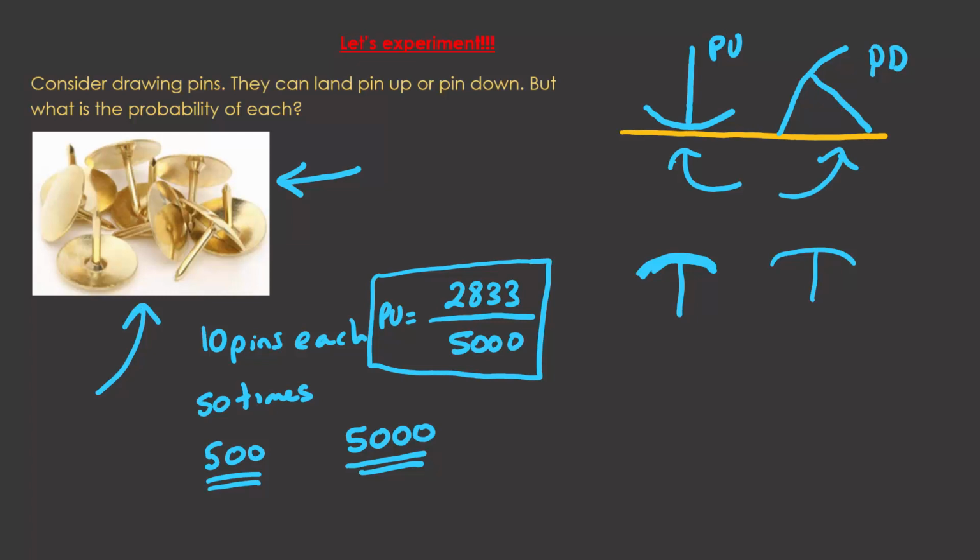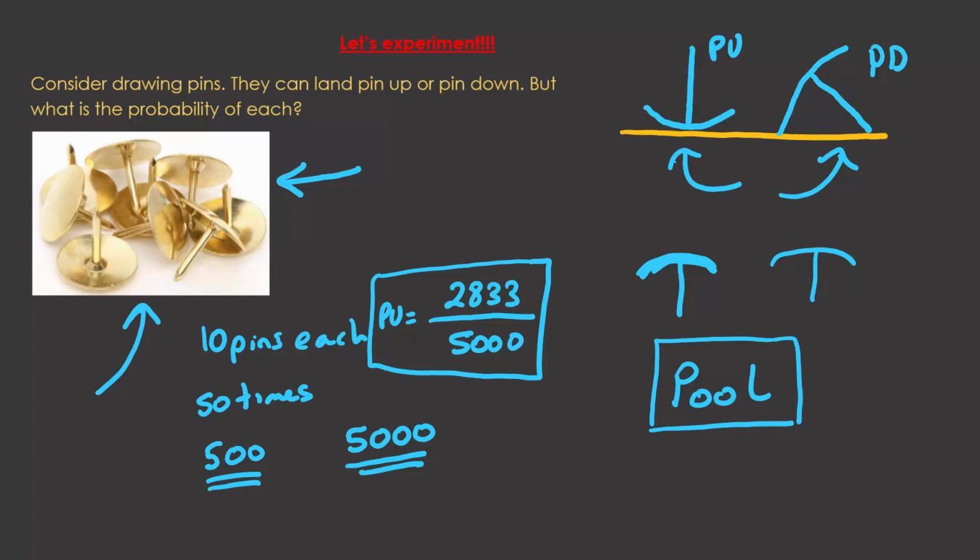So once again, this brings us back to whether we should pool our data or not. If everybody's using the same type of drawing pin, we should pool the data, especially if they're doing it under the same conditions.